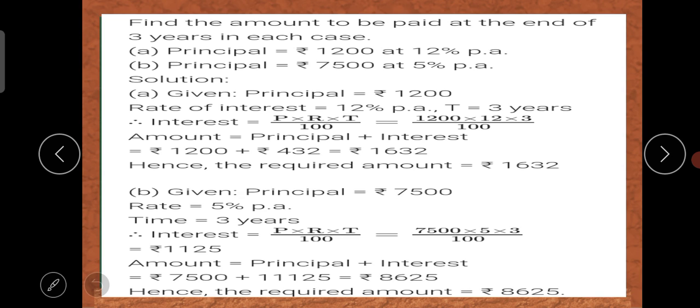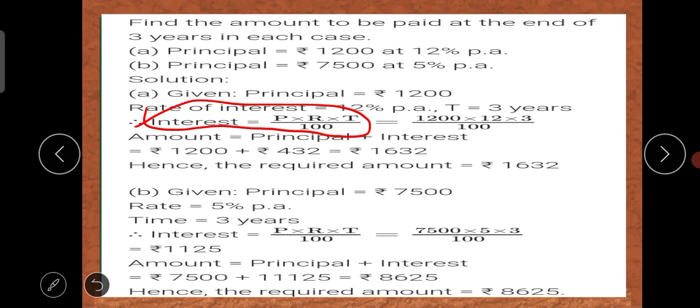Next question, see here question number 9. Find the amount to be paid at the end of 3 years in each case. Two questions are given. In the first one they have given the principal, that is 1200, and the rate, that is 12%. Here we are going to use the formula for interest. Everyone write that formula in the notebook: P into R into T upon 100.